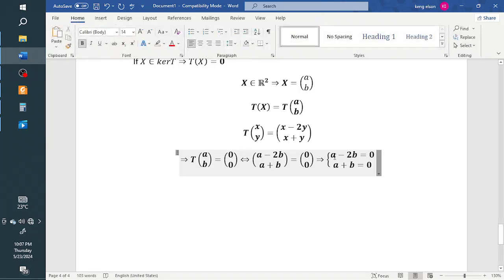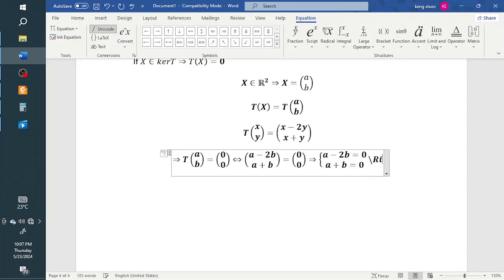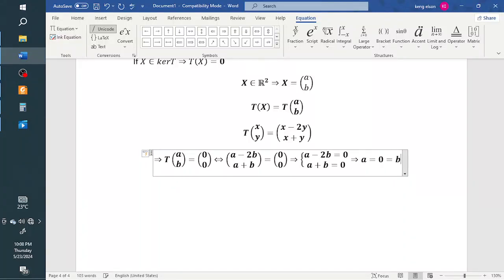Now, if we subtract these two equations, a will cancel a. Negative 2b minus b is negative 3b equal to 0, so b will be 0. Since b is equal to 0 and a plus b is 0, it means that a is also 0, because a is negative b. So it therefore means that a is equal to 0 equal to b.